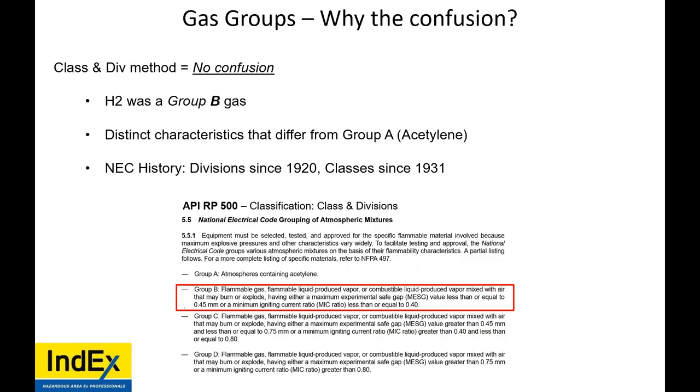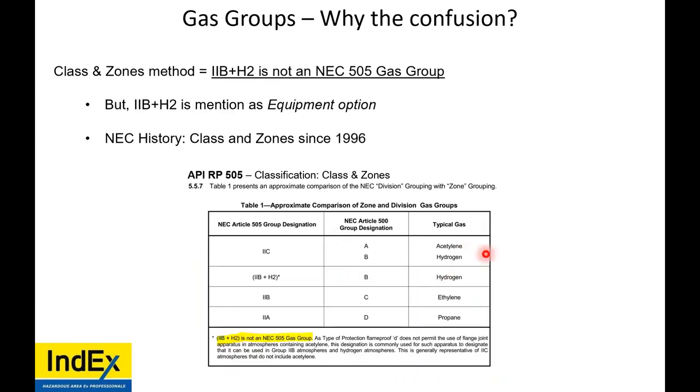So what happened in IEC? Well, in the zones method under IEC or NEC 505, it's confusing because you only have 2C, 2B, or 2A. So under 2C, we had acetylene and hydrogen.